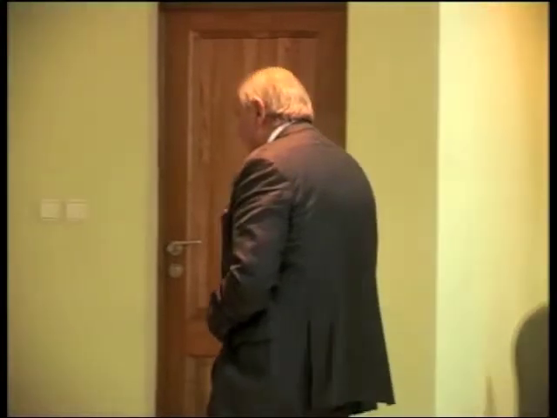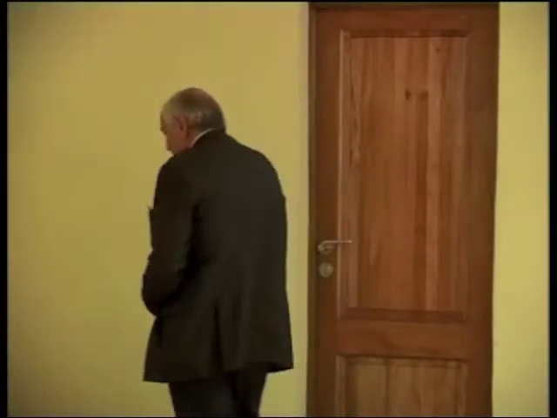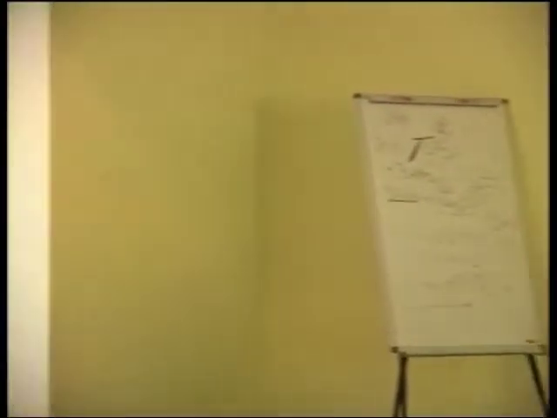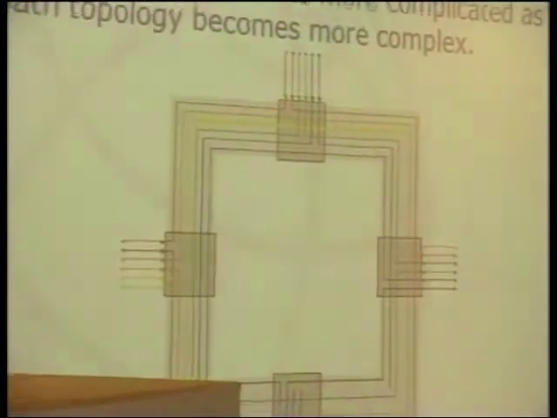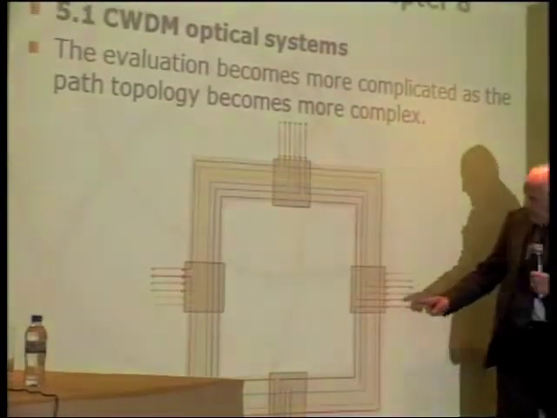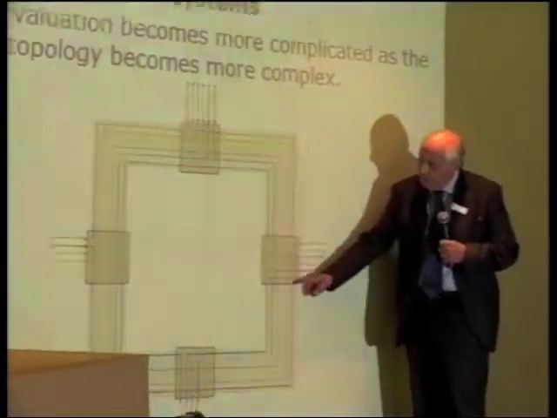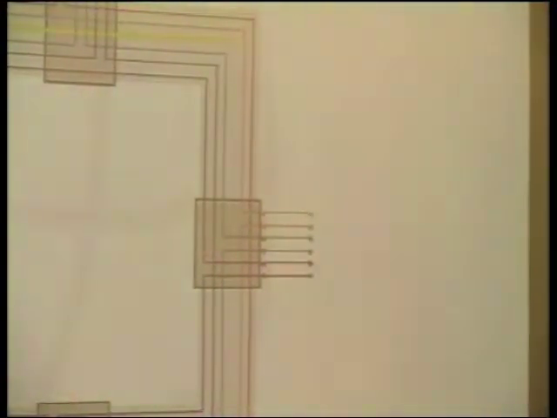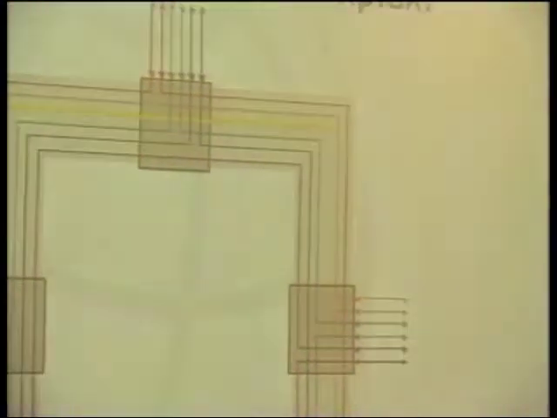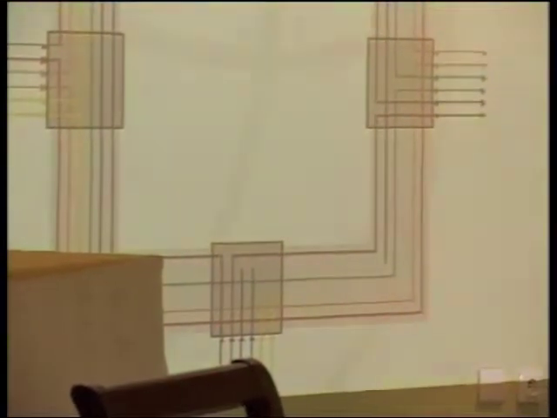What does it mean? It means simply that in the network, we will not have only transmitting and switching equipment, but we will also have monitoring equipment. For example, we can put a measurement equipment here, and we can establish what is the quality factor, the Q factor, of that wavelength at the exit of that optical add and drop multiplexer.